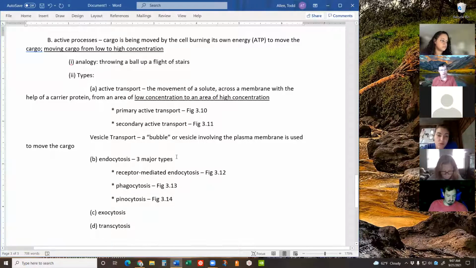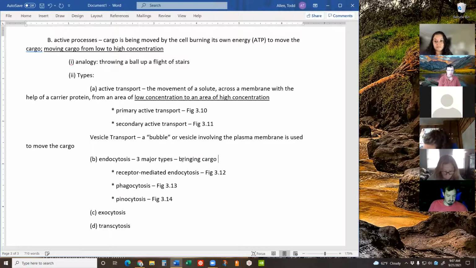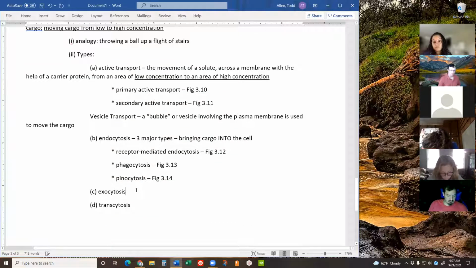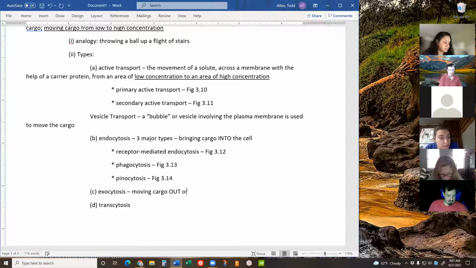All right, so for endocytosis, the big deal here is we are bringing cargo into the cell. For exocytosis, you're moving cargo out of the cell, right? Exocytosis is sort of the opposite of endocytosis. You are pushing material out of the cell. Well, what would you push out of the cell?